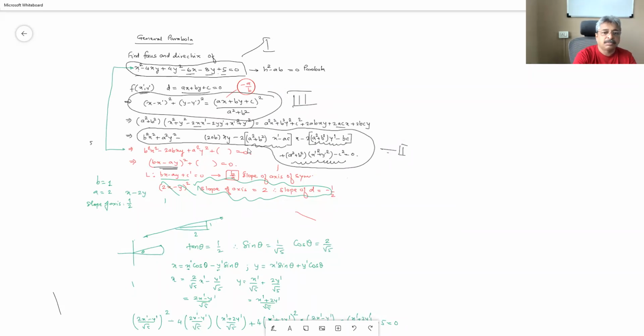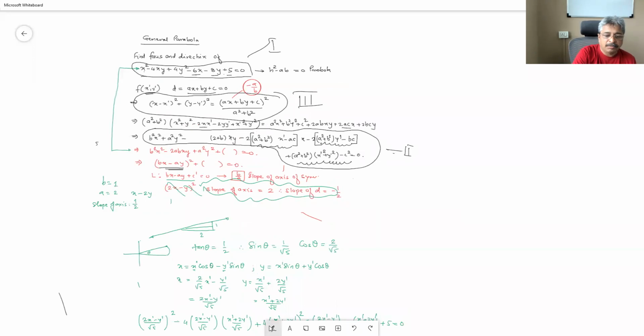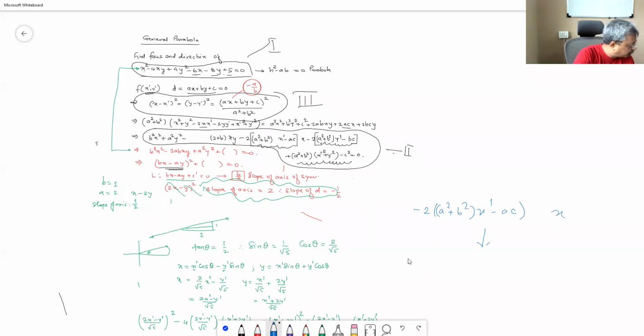Okay, what Manas is saying is this: minus 2 times (a square plus b square) times x dash minus ac is the coefficient of x, and in our expression the coefficient of x is minus 10. You need to compare this quantity with minus 10, and a and b are already known to us. They are equal to what?